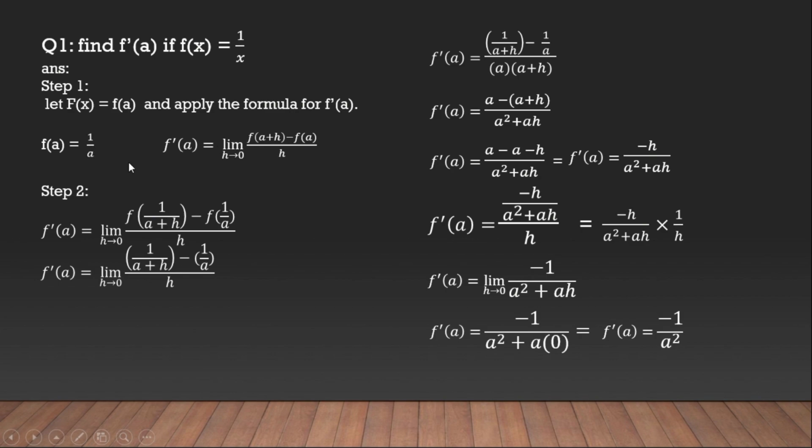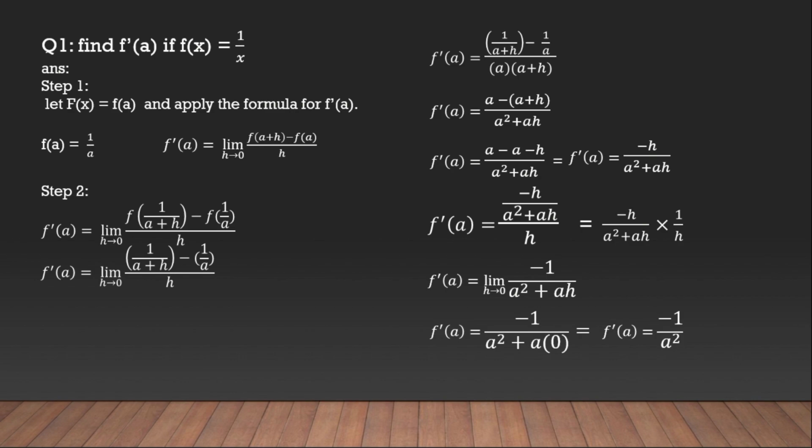So notice that I have said 1 over a plus h rather than 1 over something else. This might look confusing, but note that we are adding this h variable to this a variable. We're not looking at a constant here because we don't know the value of h, so it's best practice that we add to the variable rather than the constant itself, to avoid any problems down the line as we go on.